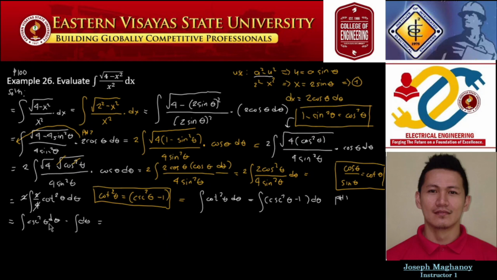So if you integrate cosecant squared theta, that is negative cotangent theta, minus integral of d theta, that is theta plus c. So you have an answer of negative cotangent theta minus theta plus c. But we need to determine the value of our theta. Did we determine here? Not yet.